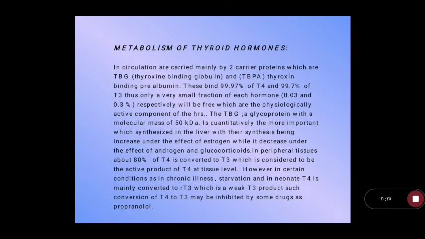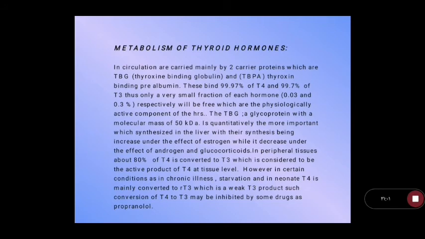Metabolism of the thyroid hormone: in circulation they are carried by two carrier proteins. The most important two are thyroxine binding globulin and thyroxine binding pre-albumin. These bind 99.97% of T4, so almost 100% of T4 is bound, and 99.7% of T3 is bound.